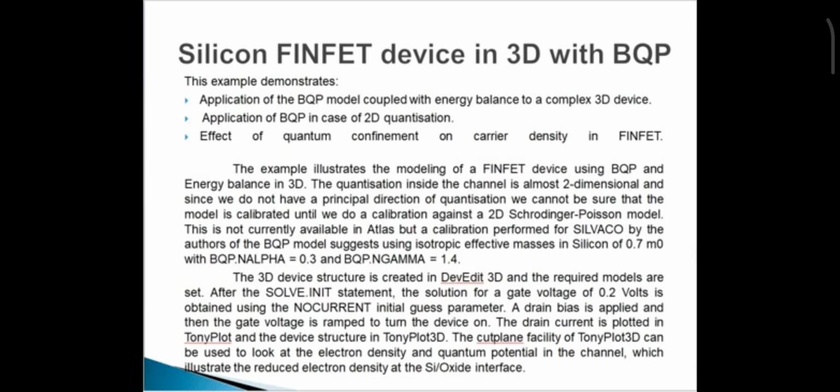The 3D device structure is created in DevEdit 3D and the required models are set. After the solve.initial statement, the solution at a gate voltage of 0.2 volts is obtained using the no current initial guess parameter. A drain bias is applied and then the gate voltage is ramped to turn the device on.